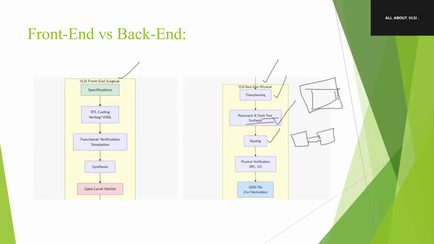If any logic is in between the blocks, we connect the two blocks. After that, physical verification, in which DRC, design rule checks, and layout versus schematic checks are also done. After that, GDS2 is the output file for the backend people. Okay, so these are the major differences between front end and back end.